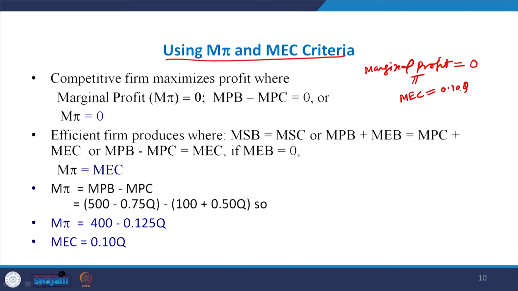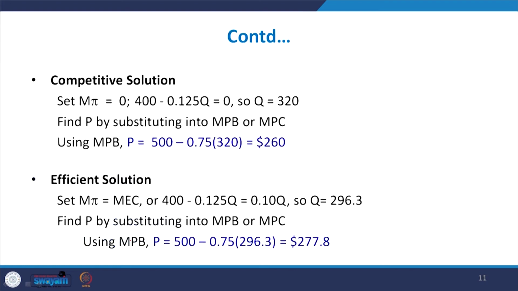So, if we equate it here, marginal benefit is equated with marginal external cost, then the same solution will come, that is marginal benefit is equal to 100 minus 0.05, MEC is 0.10, and now you can see the same solution comes.